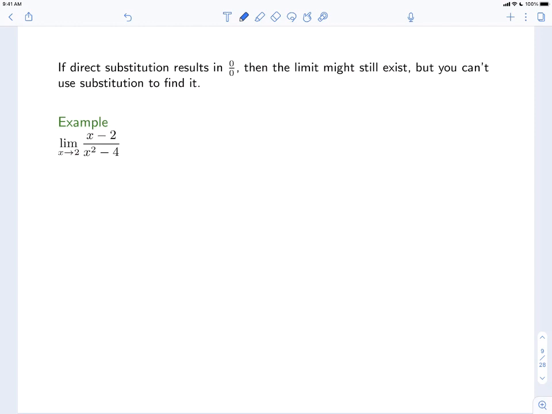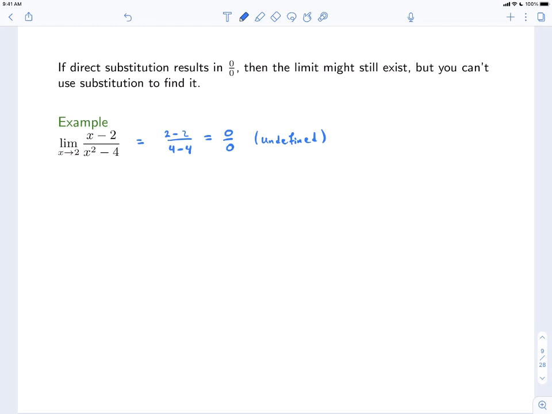The limit as x goes to 2 of x minus 2 over x squared minus 4. If we just plug in x equals 2, you'll end up with 2 minus 2 over 2 squared is 4 minus 4, which is 0 over 0. So this is an undefined quantity.